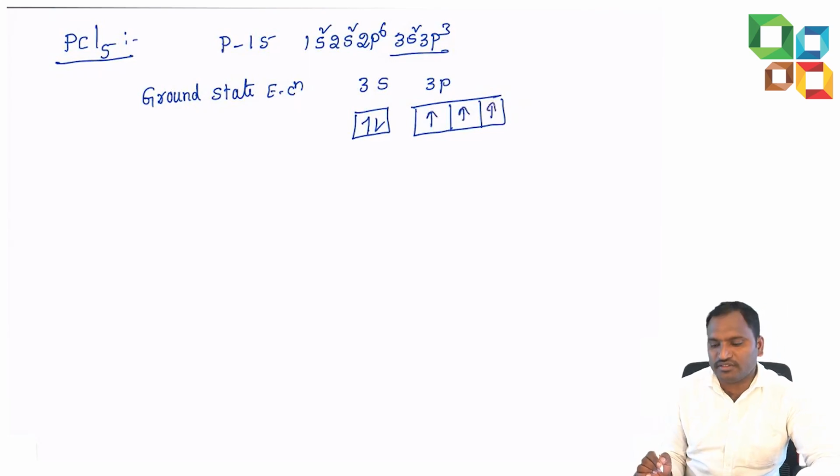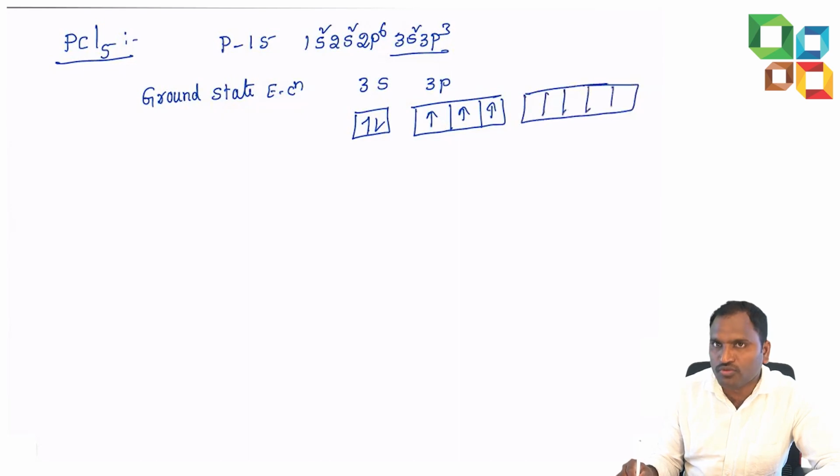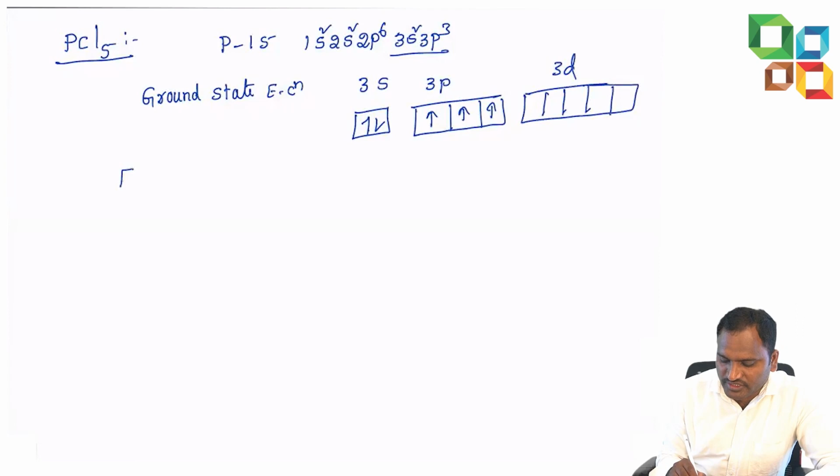How many unpaired electrons do we want? 5 unpaired electrons. So for that, 3d will be there. The third shell contains 3d also, students. 1, 2, 3, 4, 5. From the third shell onwards, 3d also starts. Now, first excited state I am writing.